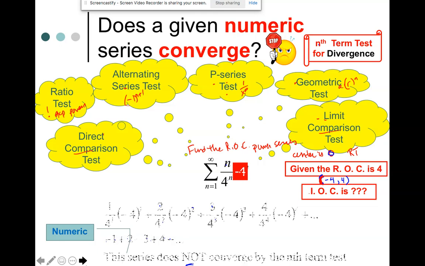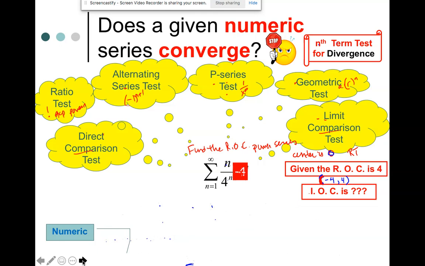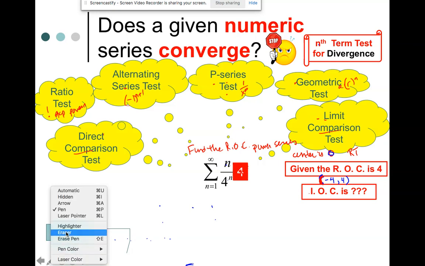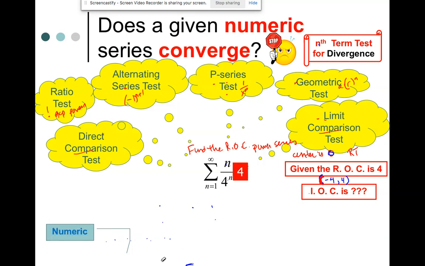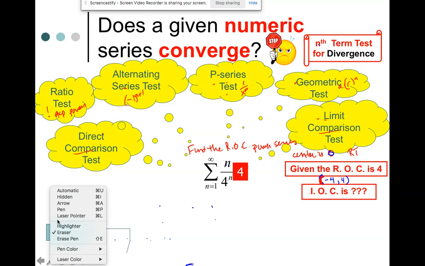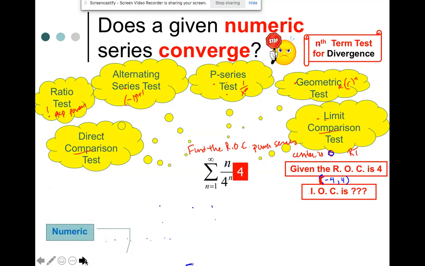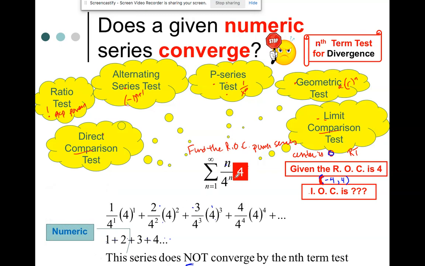So what are you going to do now? Repeat with the right endpoint. So take that negative 4 out and put a 4 in. Now remember, there's the n there. My little red box covered it up. So repeat. N is 1, 4 to the 1, and 4 to the 1.